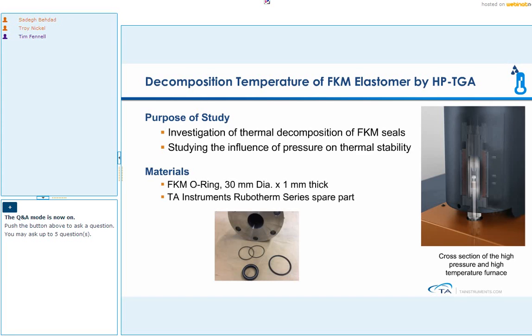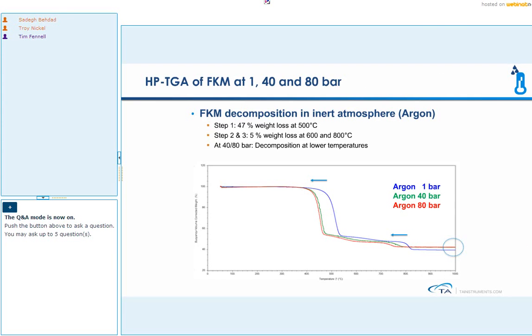We did this test at 3 different pressure levels and 2 different atmospheres: 1 bar, 40 bar, and 80 bar under argon, a neutral environment, and then under air as an oxidizing environment.